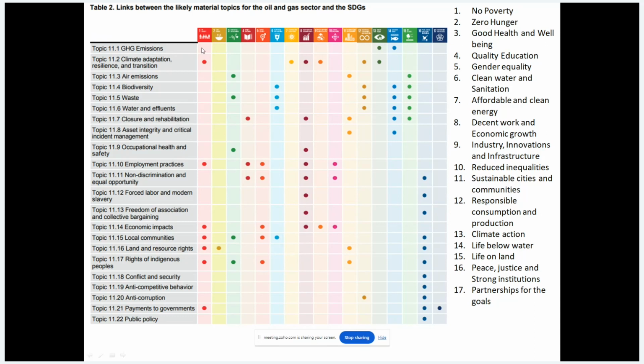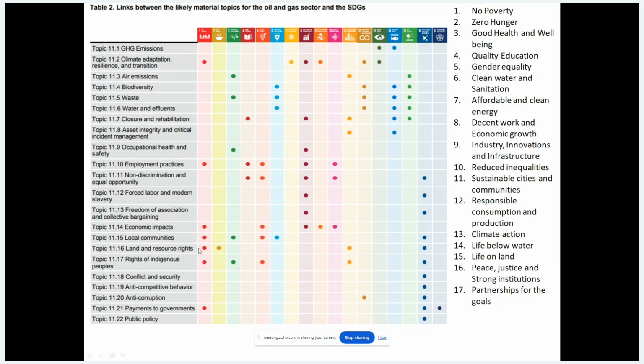If you want to see how many activities impact goal number 1, you can move vertically. And in some of these, the colors are matched so that there is no ambiguity. So land and resource rights, if we see, are impacting 2 as well as 11 and also 1.